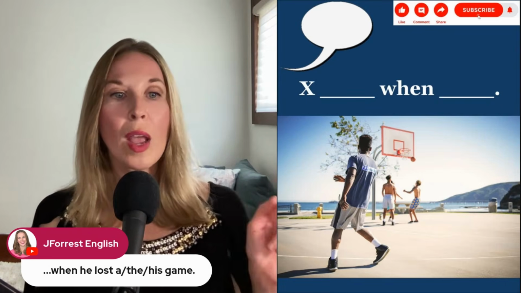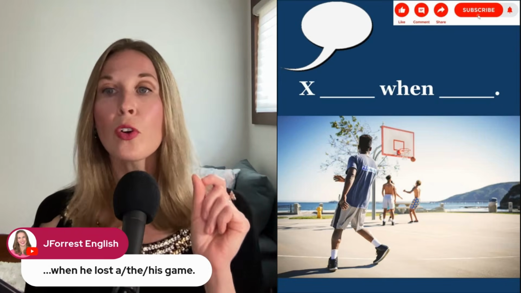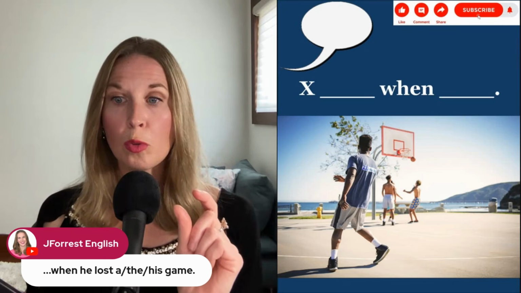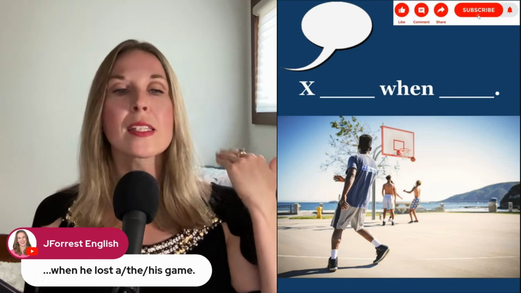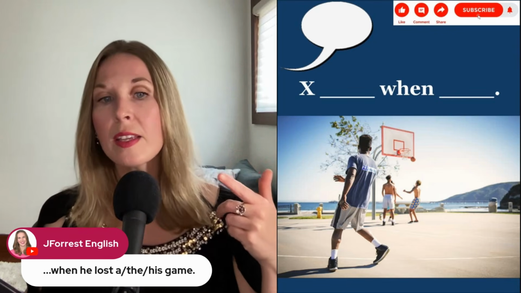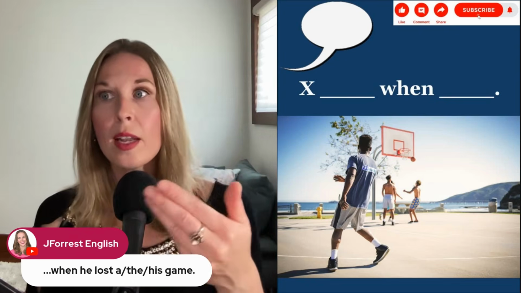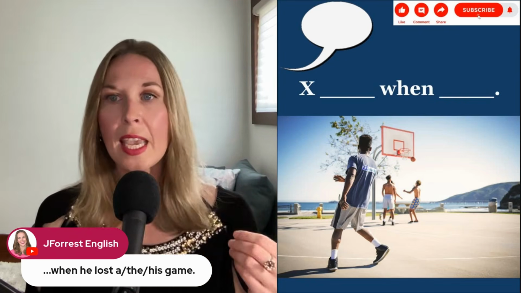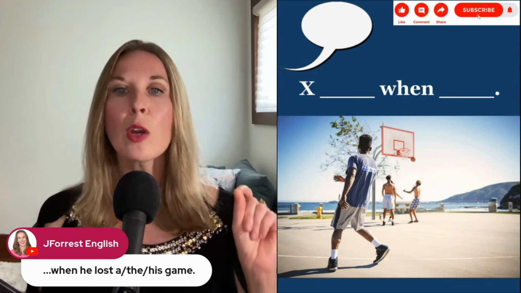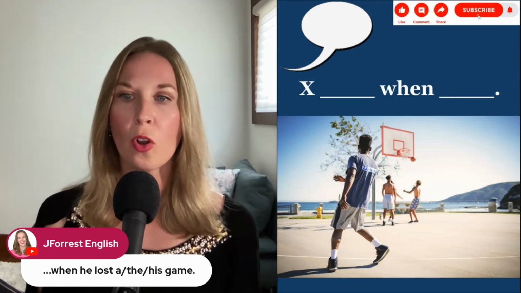So you could say when he lost, because the verb is to lose, and then the past simple is lost. When he lost a game, any game, the game, a specific game, the one they're playing, or his game. If you use a possessive, it replaces the article.